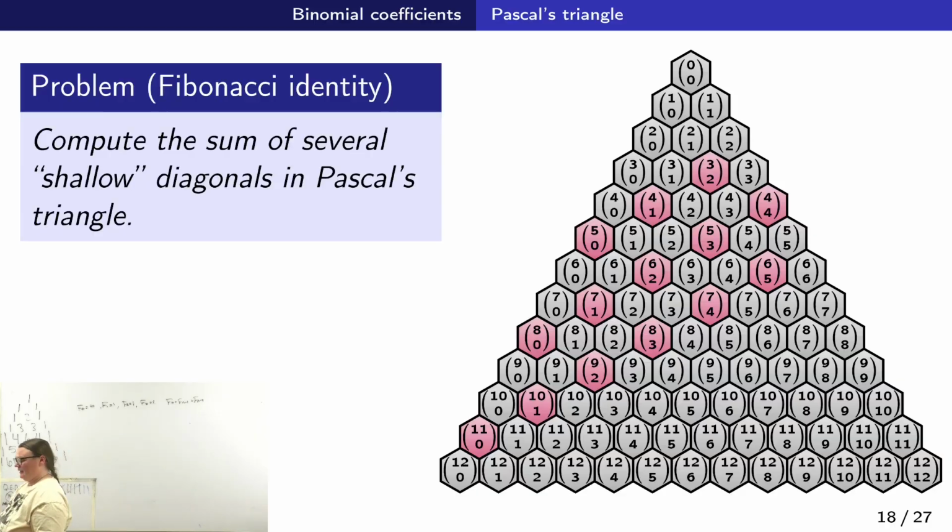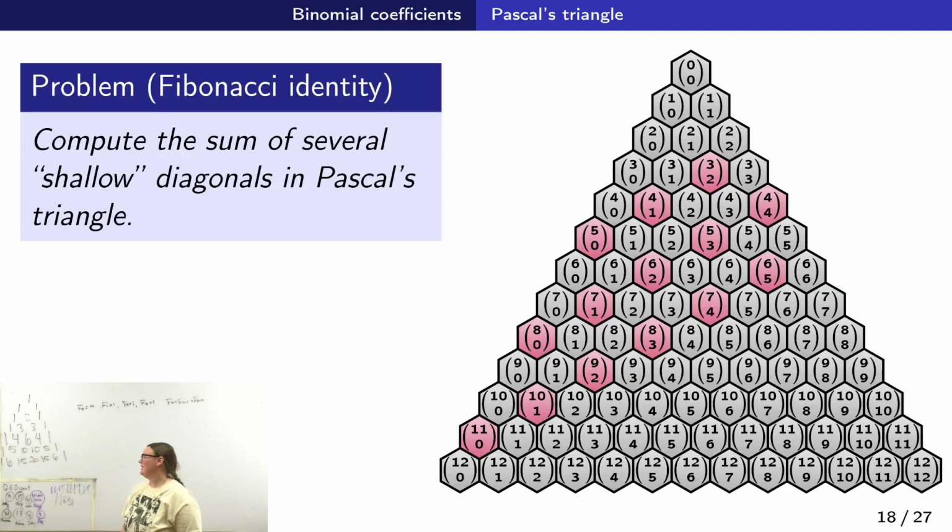Okay. So each number is the sum of the previous two. We're still on slide 18. Okay, great. So this one tells us we have a Fibonacci identity. We're going to compute the sum of several shallow diagonals in Pascal's triangle.